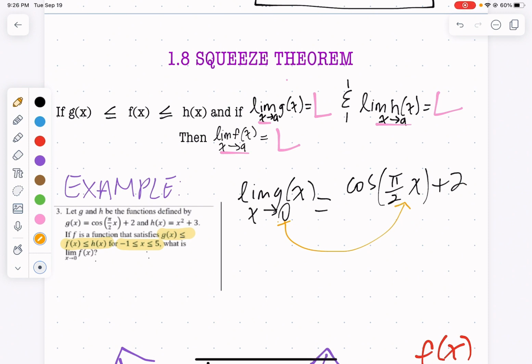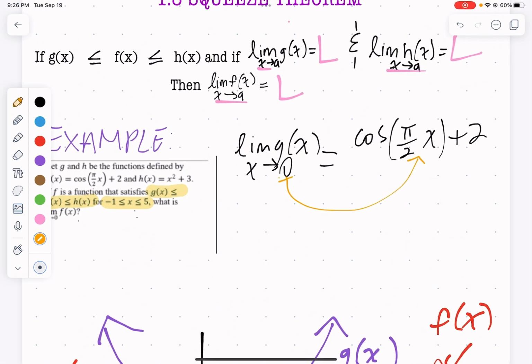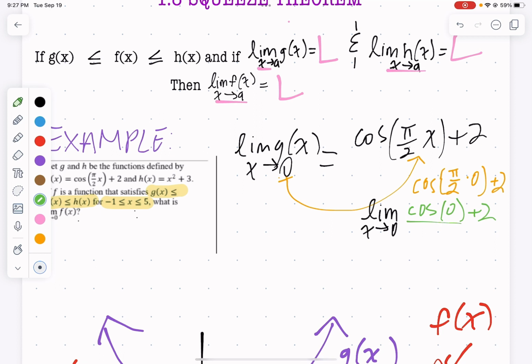So we now have cosine of pi over 2 times 0, plus 2. Of course, anything times 0 equals 0. So now we have the limit as x approaches 0 of cosine of 0 plus 2.